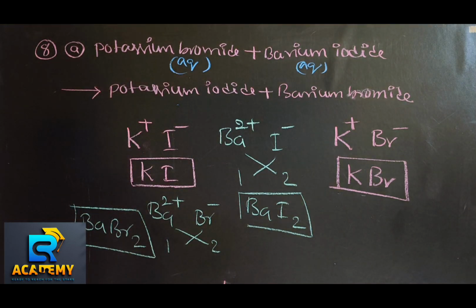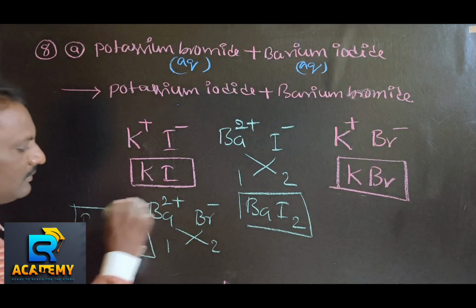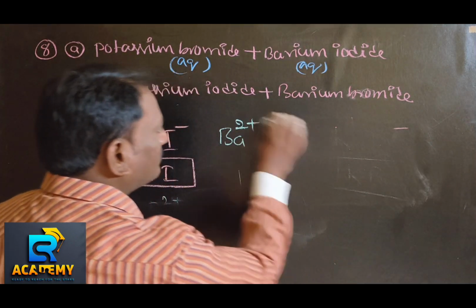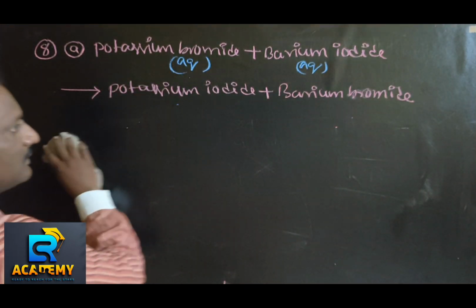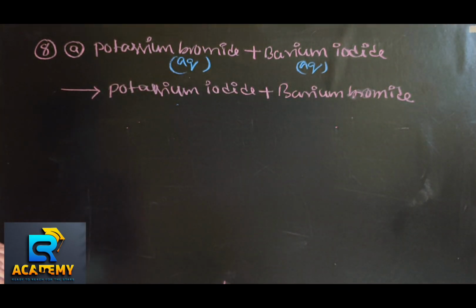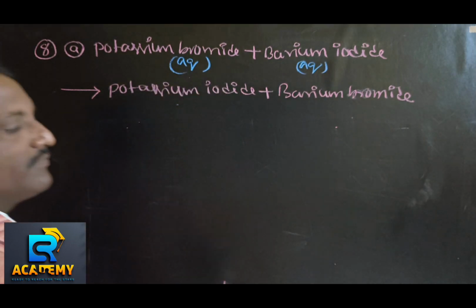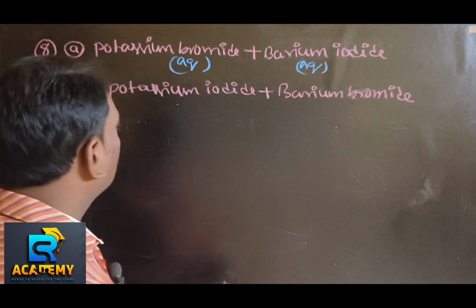If you know the ions, you will be able to frame a number of chemical formulae yourself. Right. Now let us substitute all the formulae in place of their chemical names.